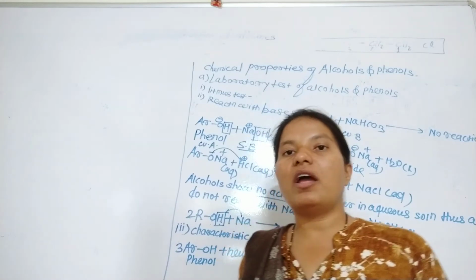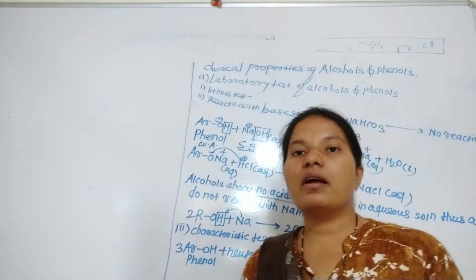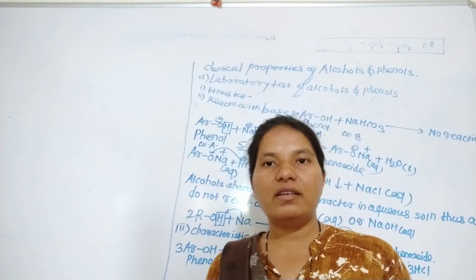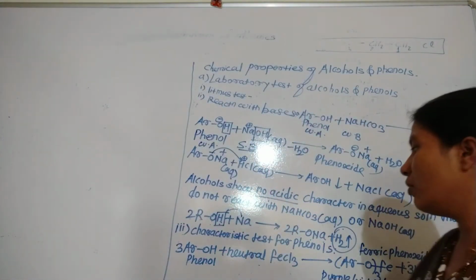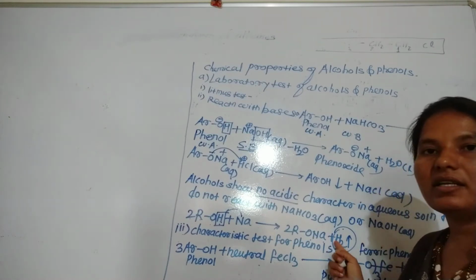When you add sodium metal to alcohol, H2 gas is released, and since H2 gas is highly combustible, fire takes place after the addition of sodium metal in alcohol.